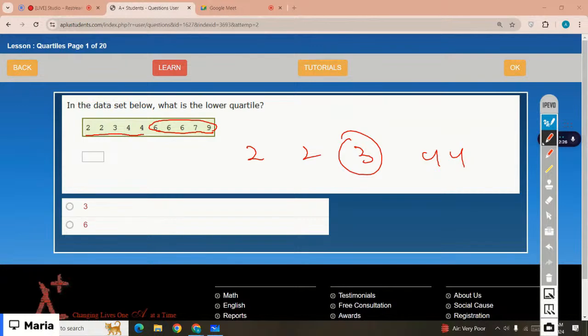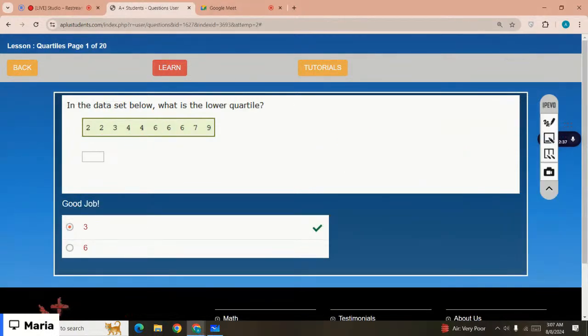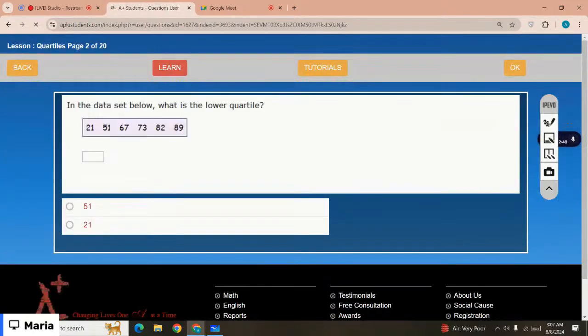The correct option is option number one, right? Correct option is three. Okay, in the data set below, what is the lower quartile? You need to find the lower quartile.